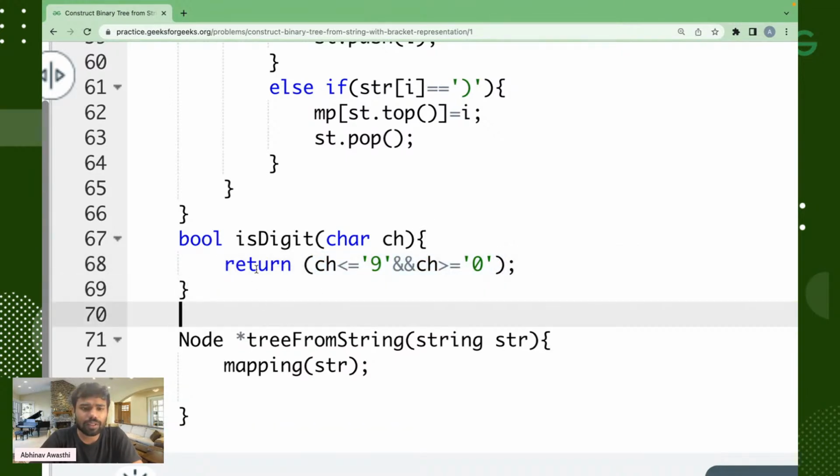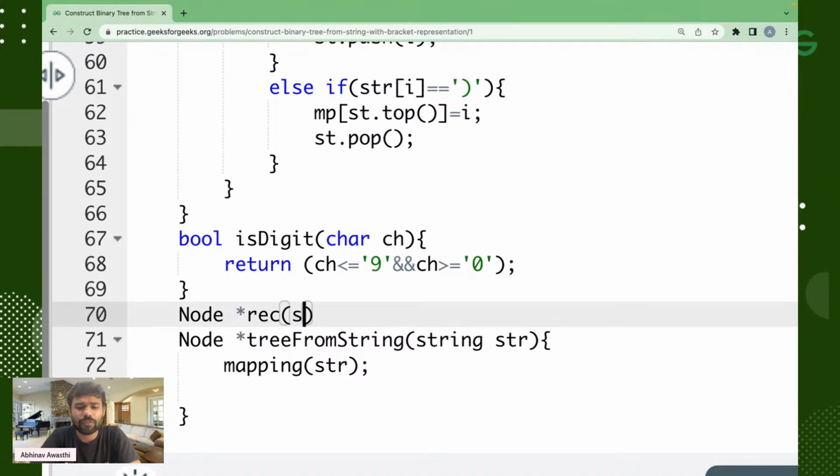Now we will create a function similar to it, which will be the tree from string function, and it will also return a node. Let's write it as recursion, simply, I will not make it very large.